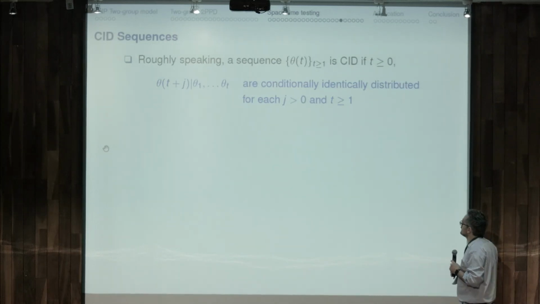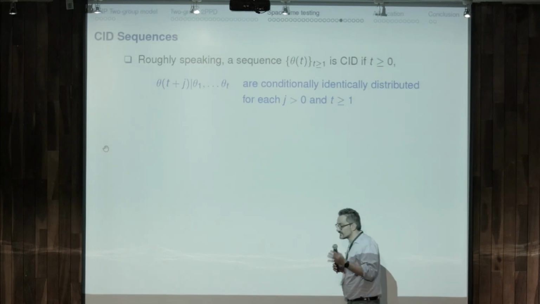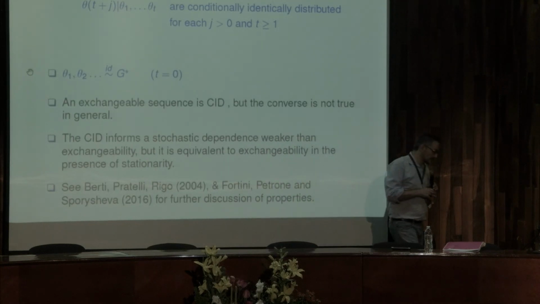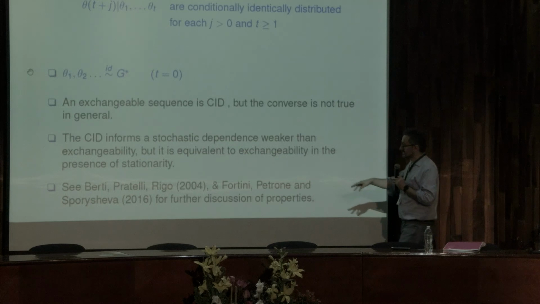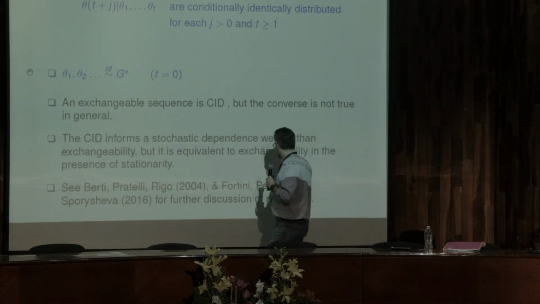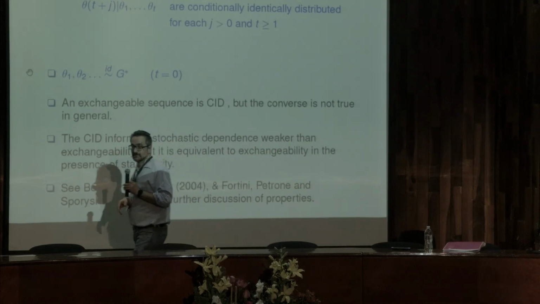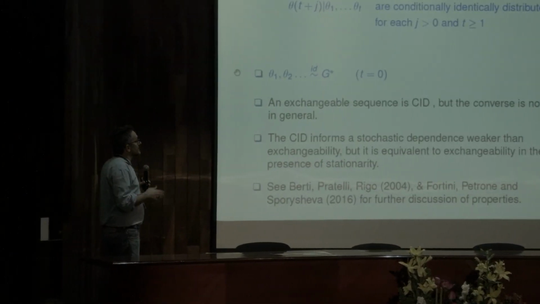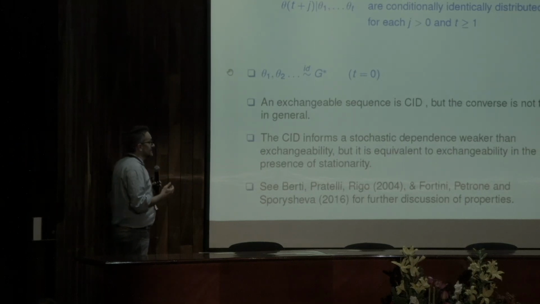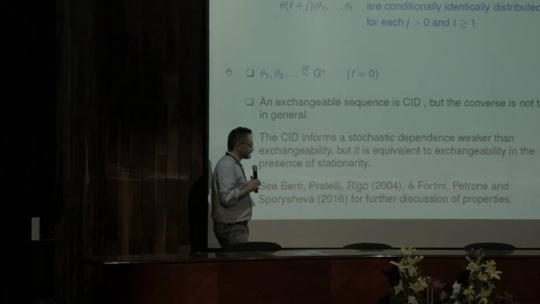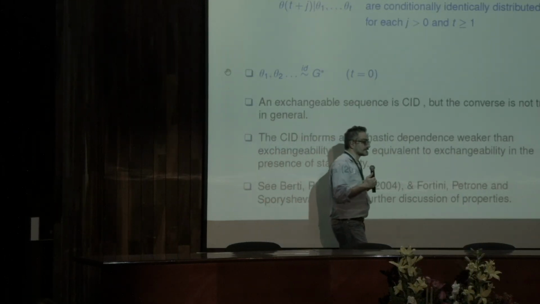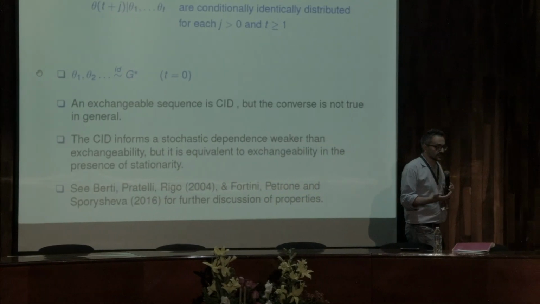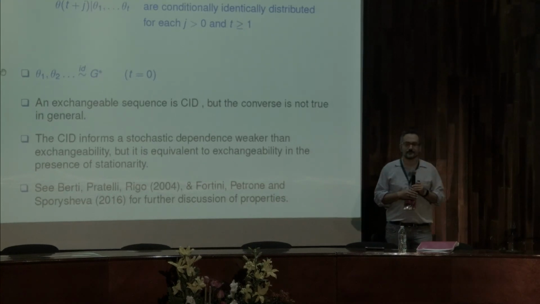So the framework of CID sequences has been studied quite a bit in the Bayesian parametric literature by a few people, in particular, as I mentioned, Berti, Pratelli, Rigo, and Fortini, Petrone, and Spizzichino in 2016. Sonia Petrone has also been working more recently on characterizing the asymptotic distribution of this type of sequences. The basic idea here is that a CID sequence can be seen as a relaxation of the hypothesis of exchangeability.